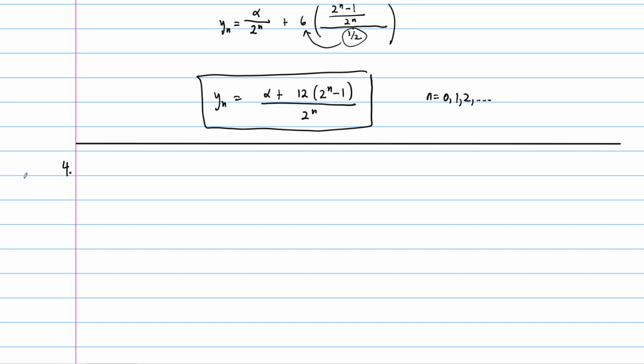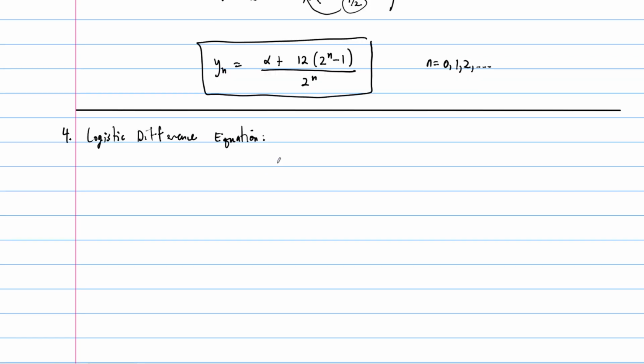This one is called the logistic difference equation, and this is very similar to our logistic growth population models, right? The logistic difference equation has the following form. For example, this one is y sub n plus 1 equals rho times y sub n.